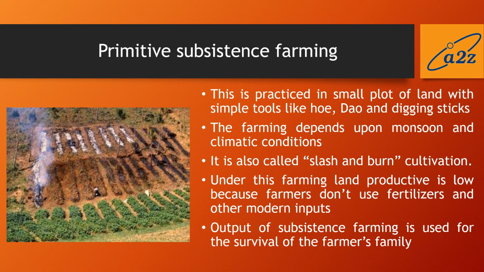It is also called slash and burn cultivation. Under this farming, land productivity is low because farmers don't use fertilizers and other modern inputs. Output of subsistence farming is used for the survival of the farmer's family.